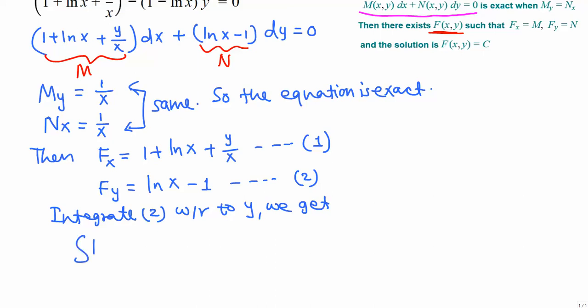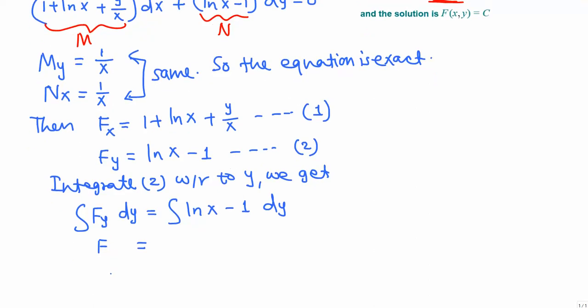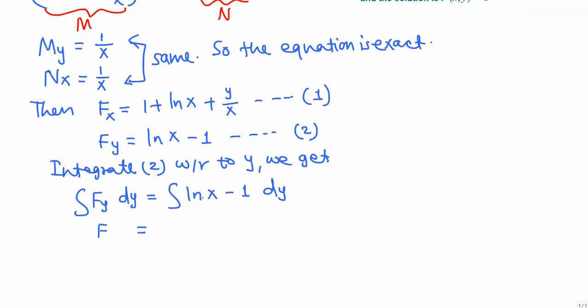So f_y, we integrate natural log of x minus 1 with respect to y, and this gives f, which we are trying to determine. With respect to y, natural log of x is constant, so times 1, and the antiderivative of 1 with respect to y is y.